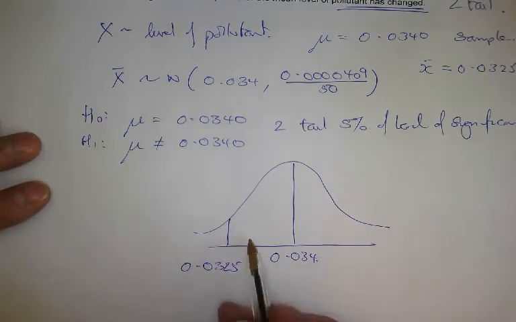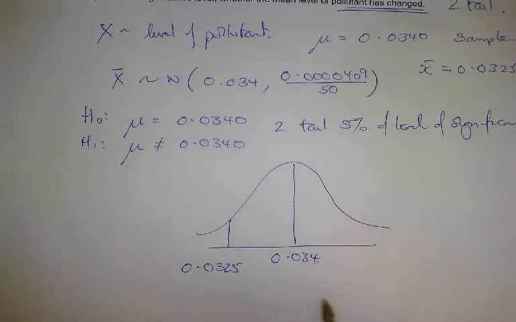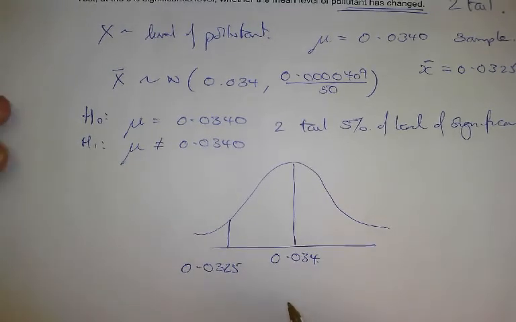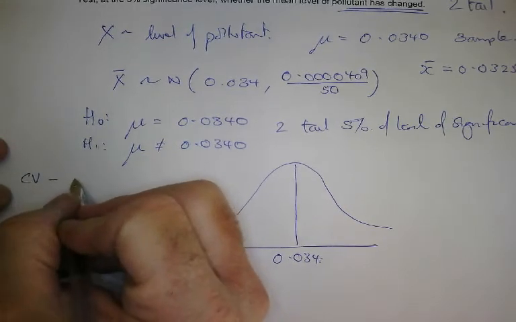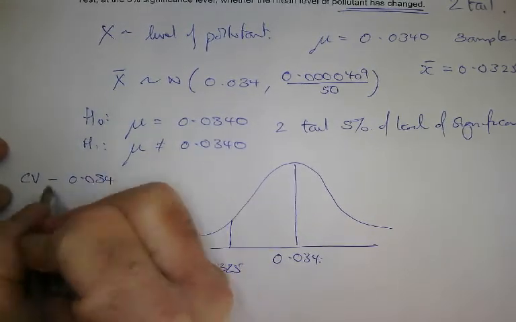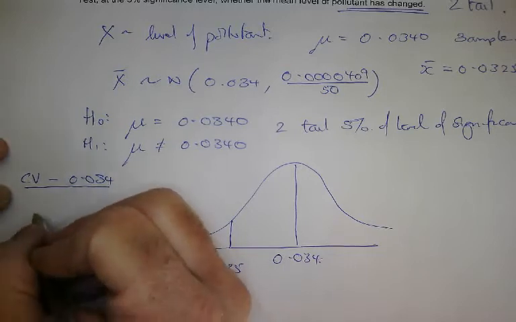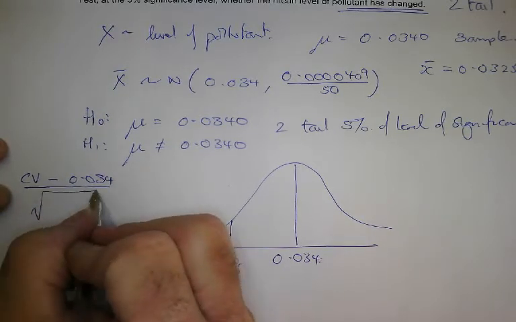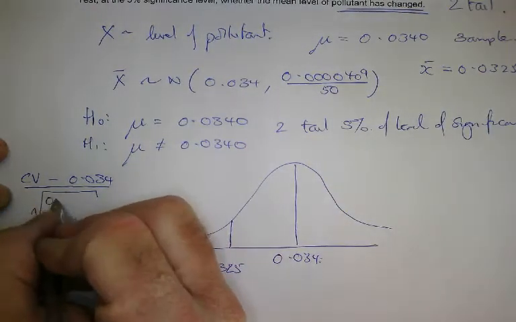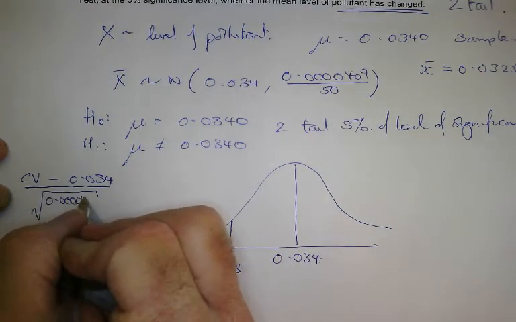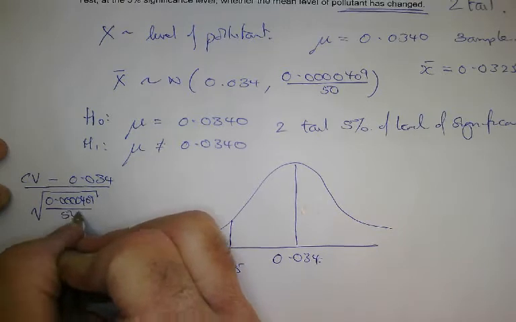What I want to try and do is find out what the critical value is. And if that value is inside the critical region, then we reject. If it's not, we don't reject. So to find the critical value, I've got my critical value, take away the mean, and then divide here. And remember how we do this now. Because it's a sample, we use the square root of that there, 2.3449 all over 50.